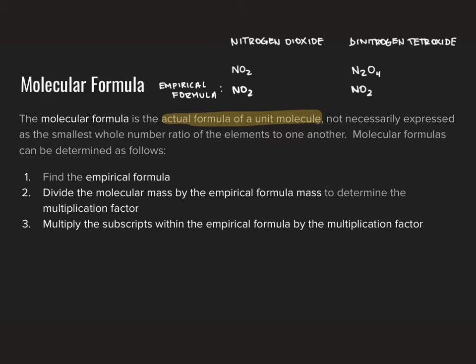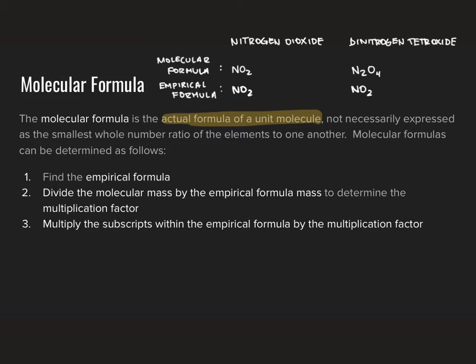But dinitrogen tetroxide molecules actually are composed of 2 nitrogens bonded to 4 oxygens within the unit molecule. So that's what we mean by a molecular formula, the actual formula of the molecule unit itself, not the ratio expressed as the smallest whole number ratio.